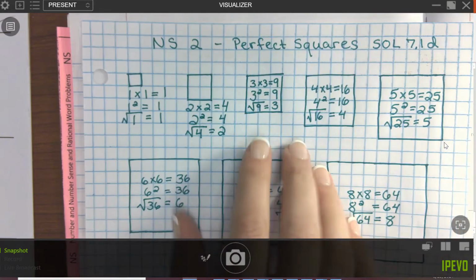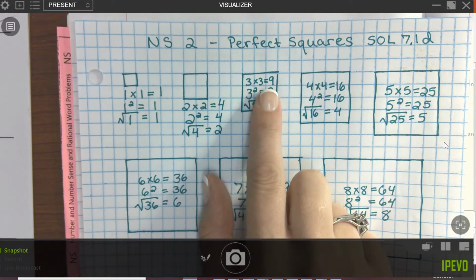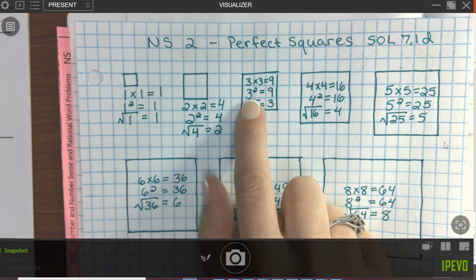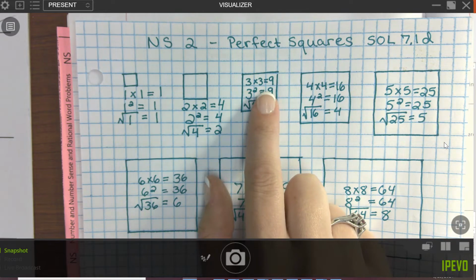And we did the same thing here with 3 times 3 to give us 9, and we said we could use that exponent, that little small 2, as a shortcut way of writing 3 times 3, because you're multiplying 3 times itself. And we did this all the way up to 10.